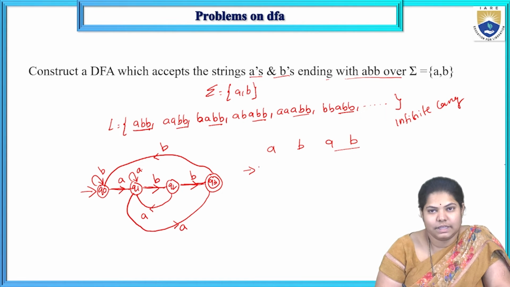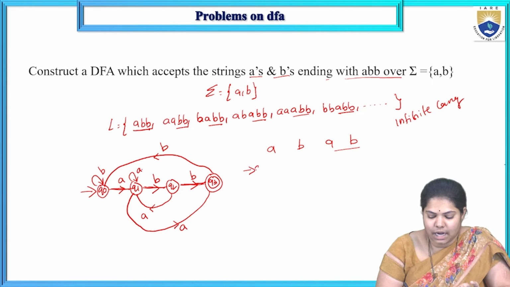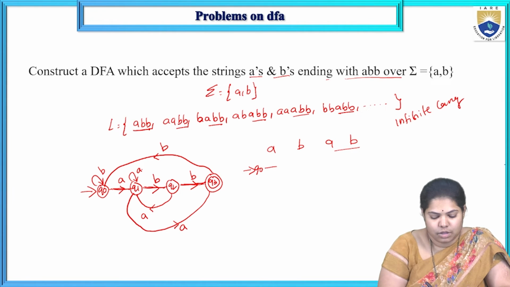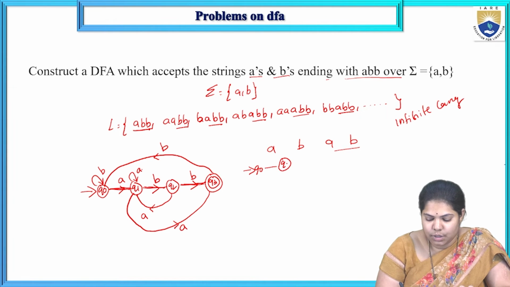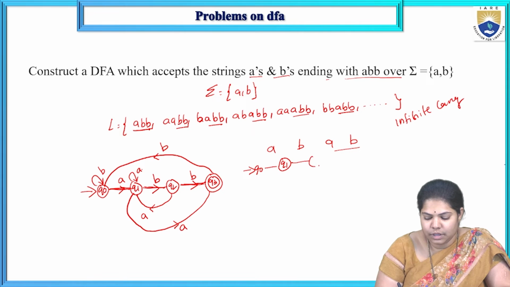Let us check whether it will be accepted by this finite automaton or not. Starting with Q0, on seeing A, where am I moving? I'm moving to Q1. Q1 on B, I am moving to Q2.